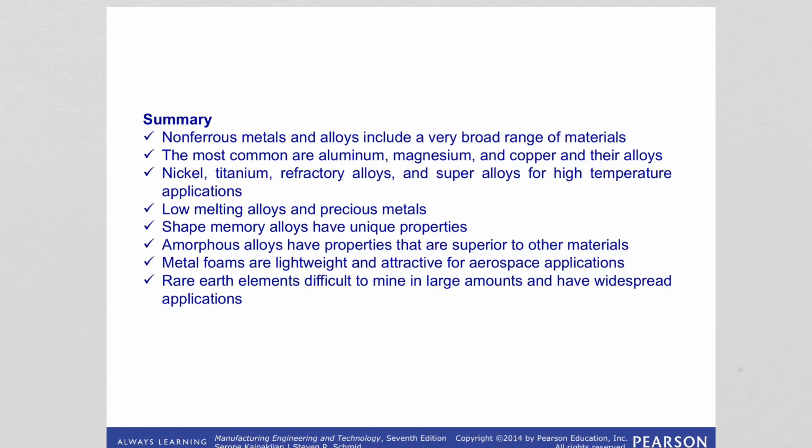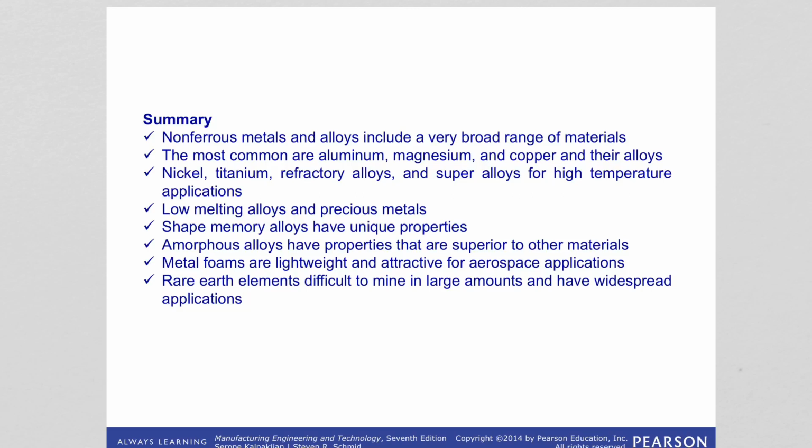So in summary, we learned that there are a large variety of non-ferrous metals and alloys. They have a wide range of applications that cannot be provided by the ferrous alloys. The most common ones are aluminum, magnesium, copper, and their alloys. Nickel, titanium, refractory alloys, superalloys are used for high temperature applications.